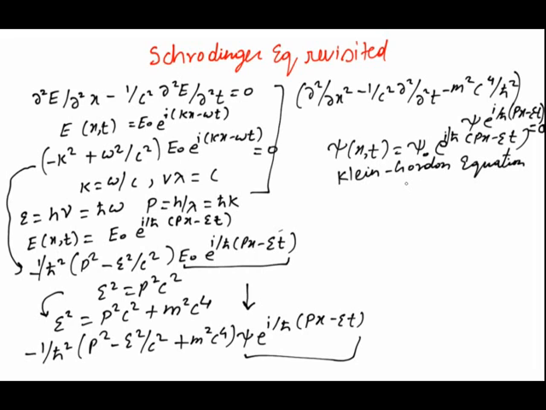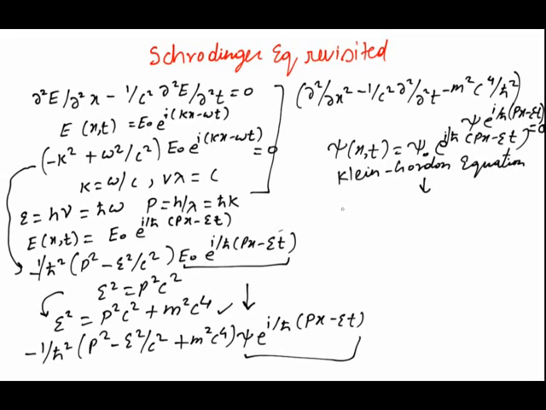But he actually rewrote this equation, the same as going from special relativity to classical mechanics. He reduced this equation. This is a relativistic equation because we are using this kind of formula, so he wrote it in a non-relativistic form.